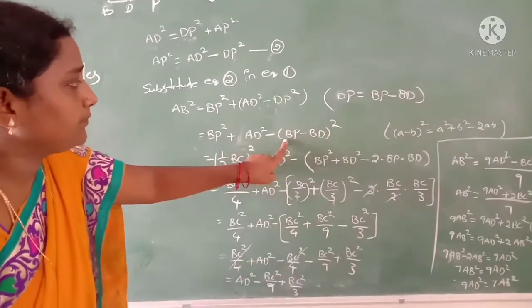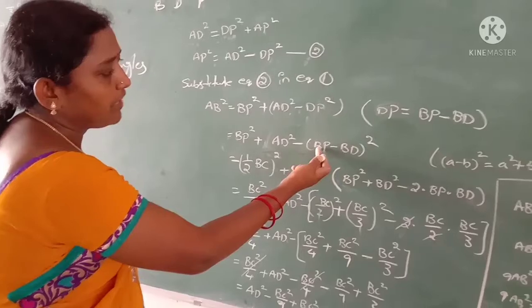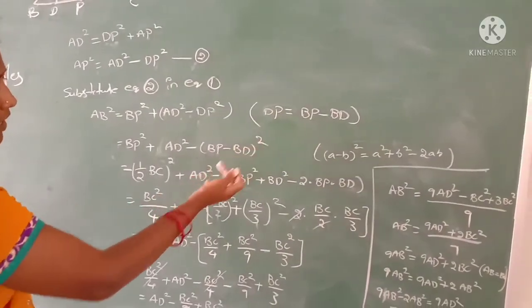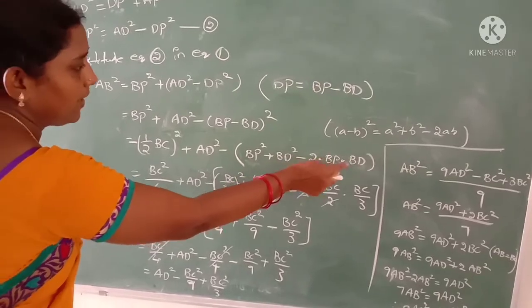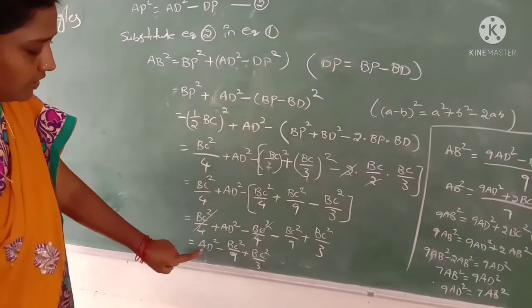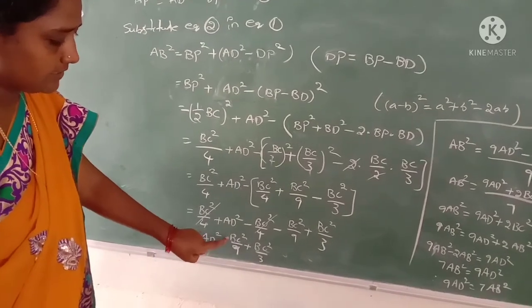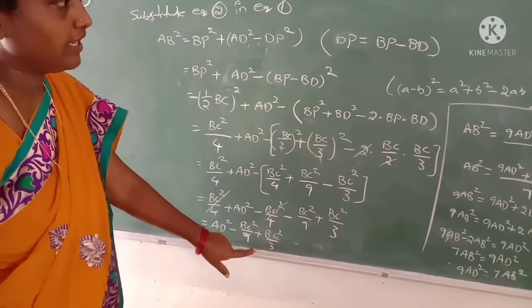We know the A minus B whole square formula: A square plus B square minus 2AB. So simplify this. We get AD square minus BC square by 9 plus BC square by 3.